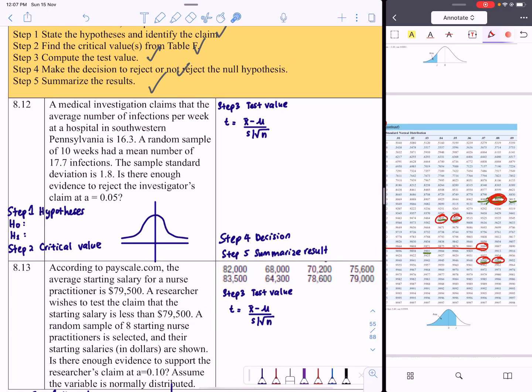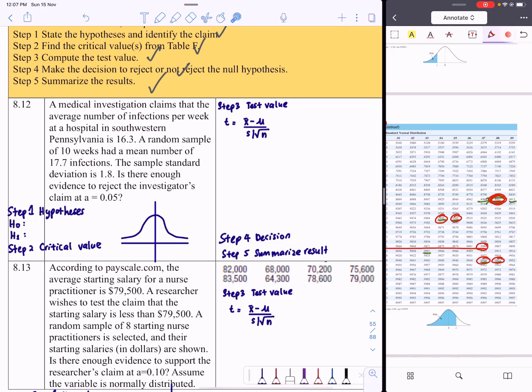Okay, a medical investigator claims that the average number of infections per week at a hospital in southwestern Pennsylvania is 16.3. A random sample of 10 weeks had a mean number of 17.7 infections. The sample standard deviation is 1.8. Is there enough evidence to reject the investigator's claim at alpha 0.05?